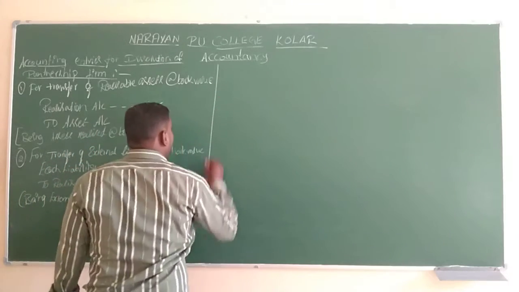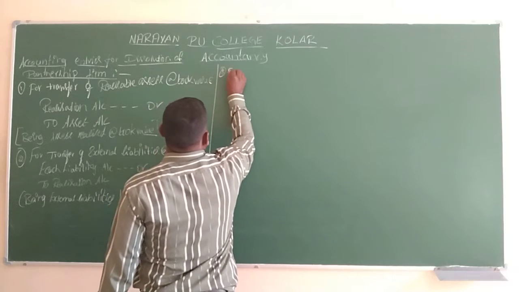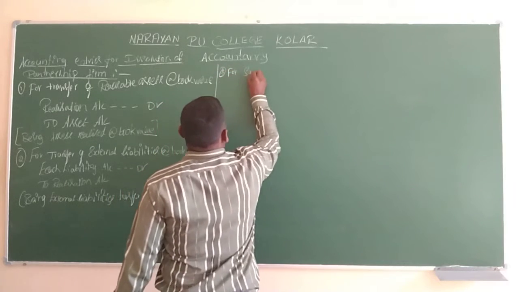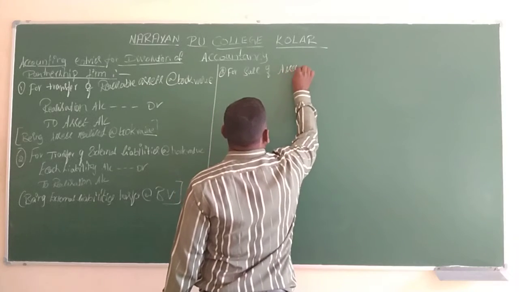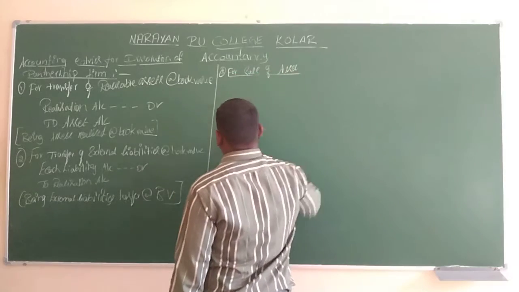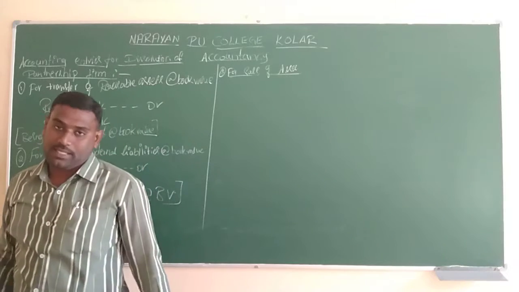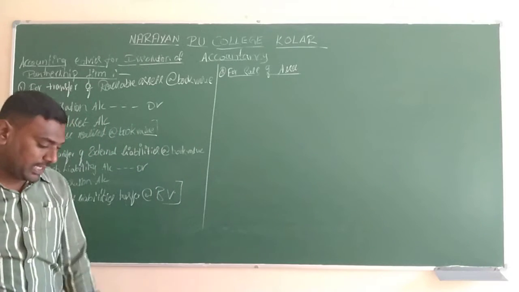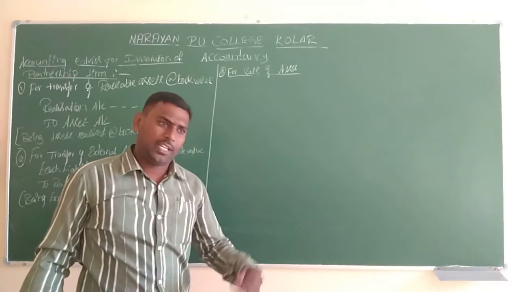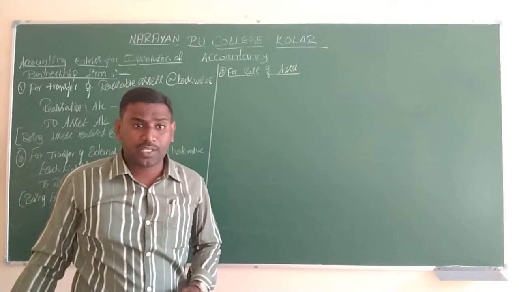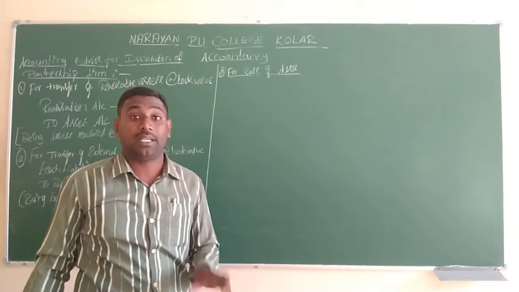The third journal entry is for sale of asset. In case of dissolution of partnership, if an asset has been sold, whether at increased value or decreased value, that is not a matter here.